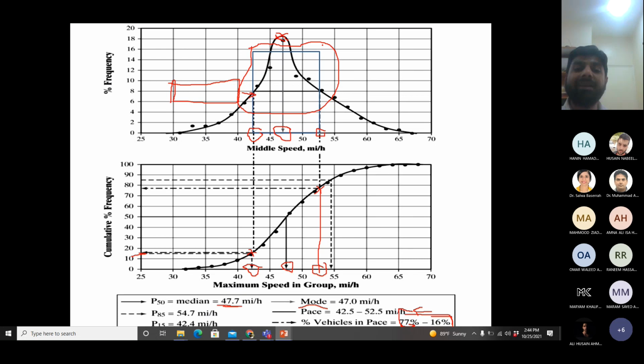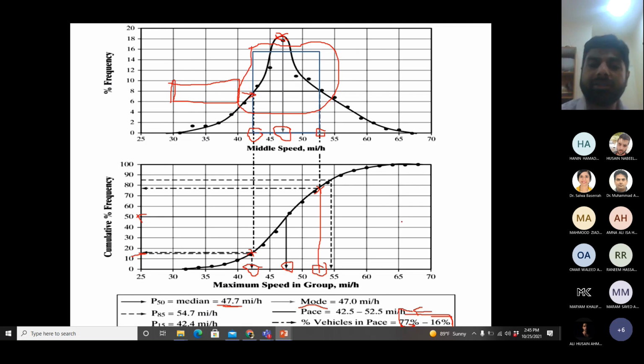If you remember, we got the median from the cumulative frequency curve, the bottom one in this case. The median was the 50th value on the curve. You located 50% on the y-axis, then you found the value on the x-axis for the curve. Similarly, the 85th percentile is the 85th value on the y-axis, and the 15th percentile is the 15th value on the y-axis.